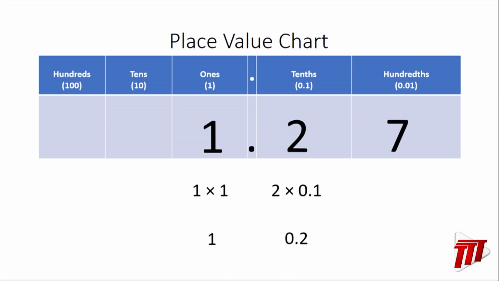That gives 0.2 in decimal notation. The digit 7 is in the hundredths place. If we are asked what is the value of the 7, its value is 7 multiplied by 0.01, which is 7 hundredths.